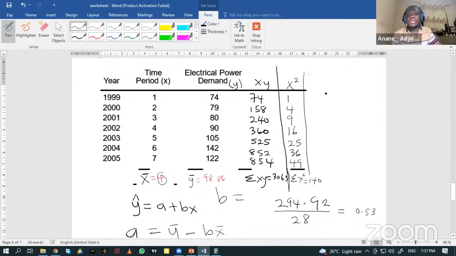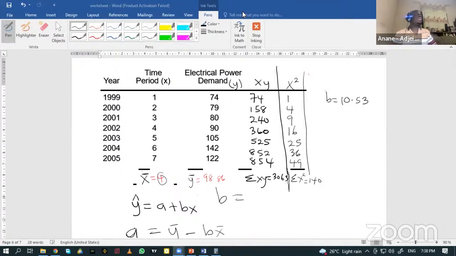I like what I'm seeing. So we know our B value to be 10.53.